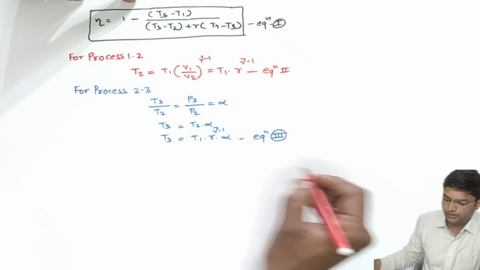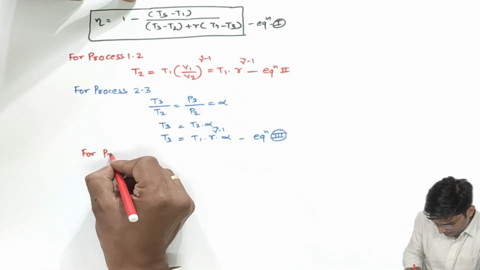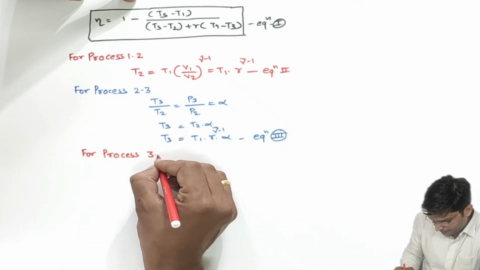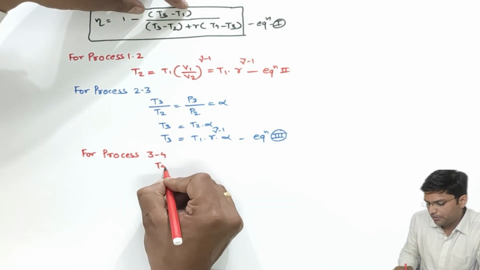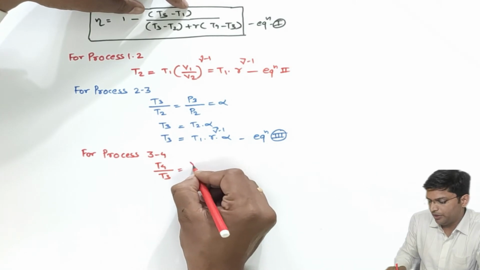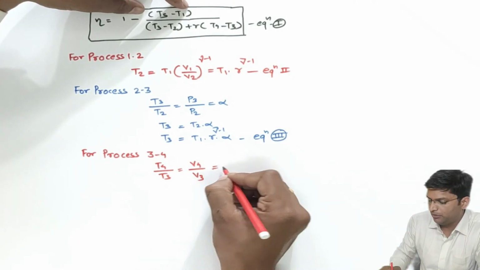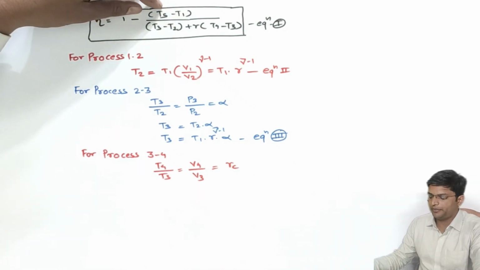Now for process 3 to 4, T4 divided by T3 is equal to V4 divided by V3 is equal to rc. It is called the cutoff ratio.